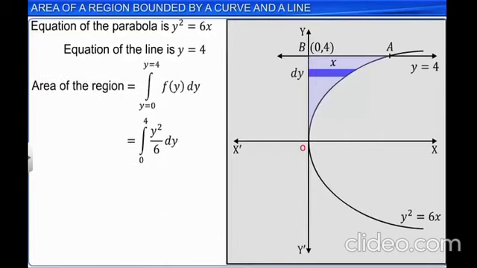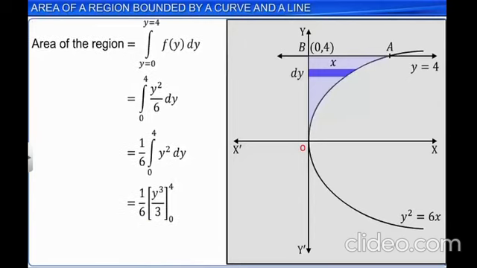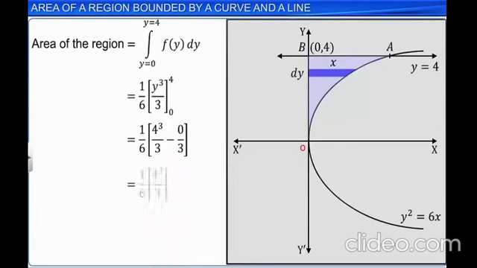On integrating y² with respect to y, we get y³/3. Now, substituting the upper and lower limits and then simplifying, we get 32/9 square units. Therefore, the required area is 32/9 square units.